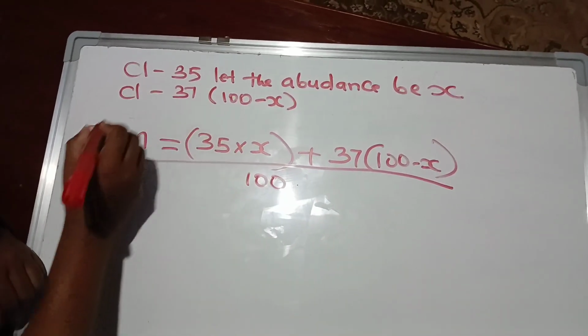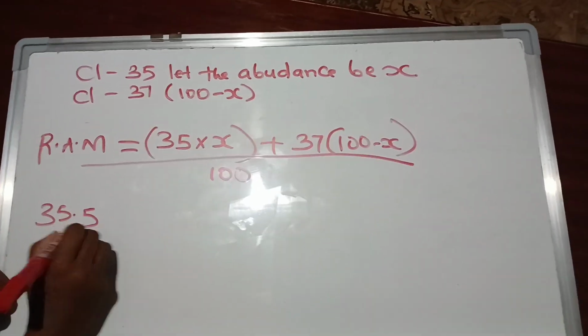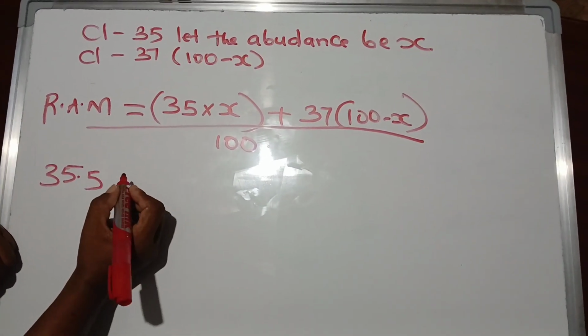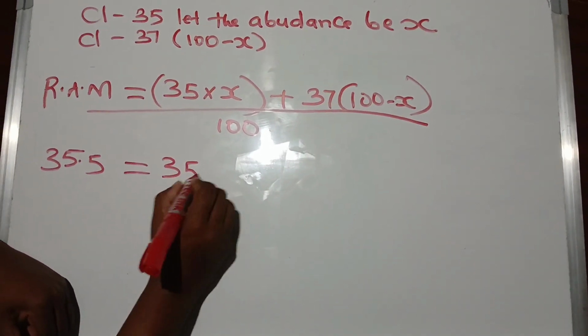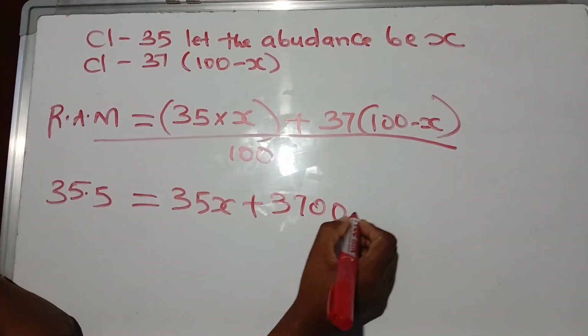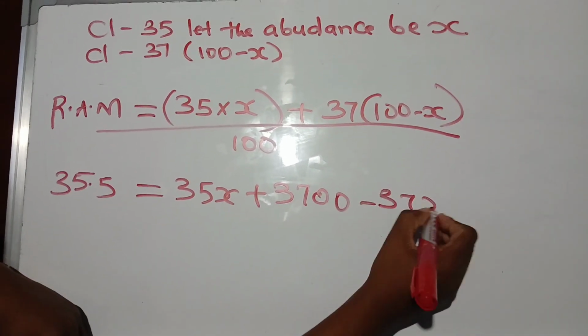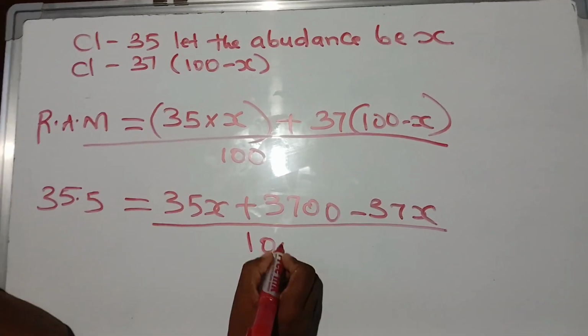Because we already have the RAM given as 35.5, let us replace it: 35.5 should be equal to 35x plus 3700 minus 37x, all this over 100.